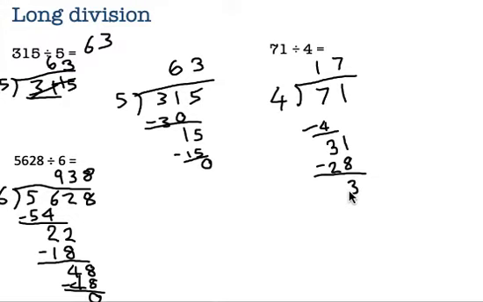Right. So, it depends on your question, what it's asking. I could say I have 17 with 3 left over, and how I would write that is 17 R 3. However, if it was a question about money, then maybe I would want to give this answer in decimals instead.